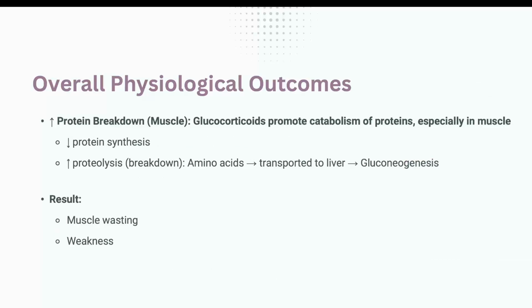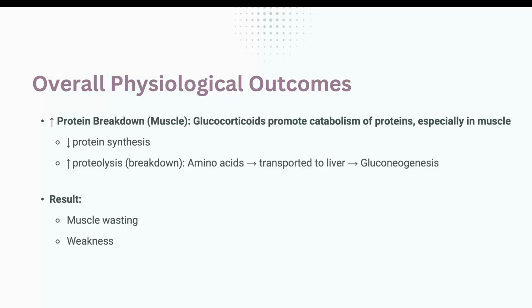Also, it is responsible for increasing protein breakdown. Increased protein breakdown means increased proteolytic activity, increased proteolysis. Okay, what is the result of the protein breakdown?